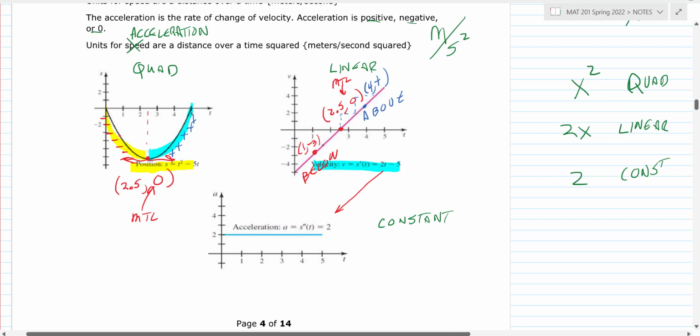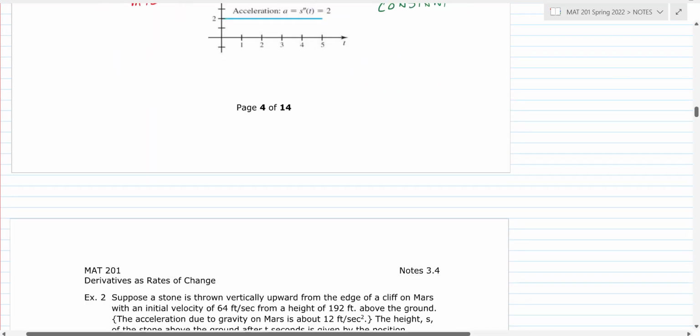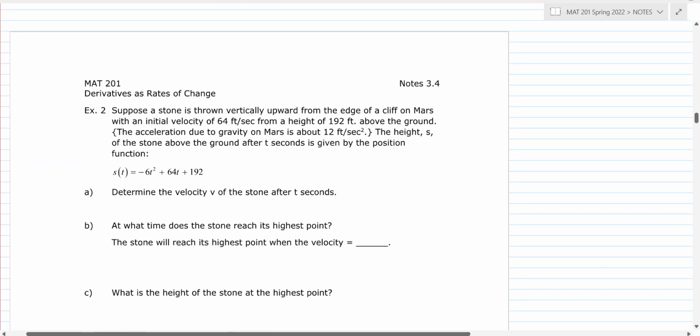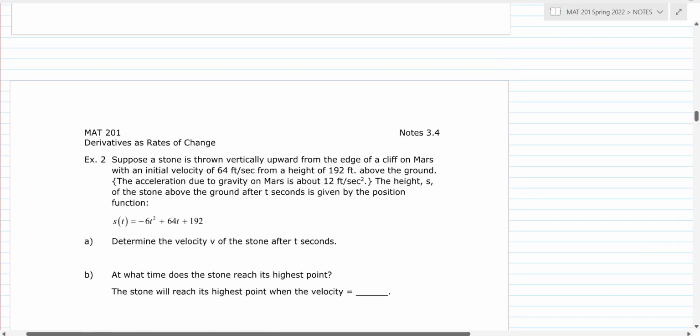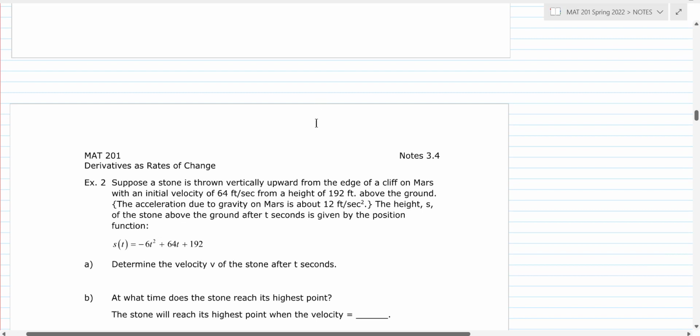So if we graph that constant slope of 2, we get a constant function. You want to think about how these graphs of the derivatives relate to what we're doing. Okay, so let's move to the next place here. We'll do some examples of how this works out now.